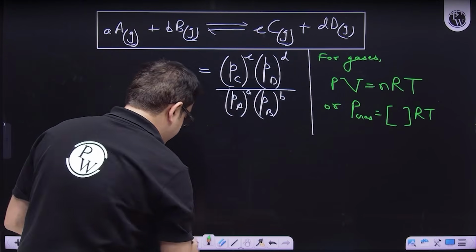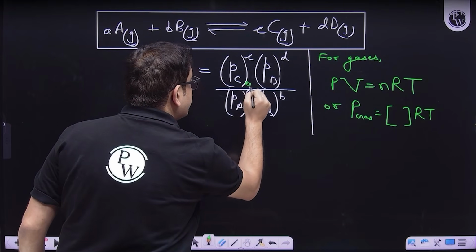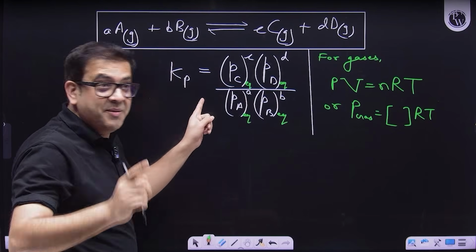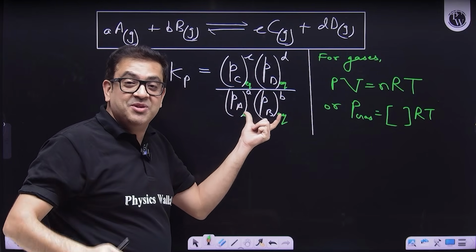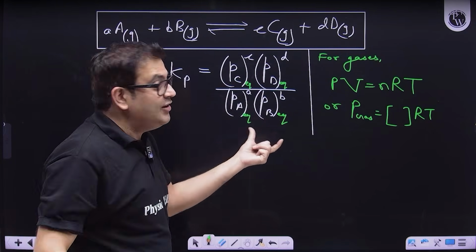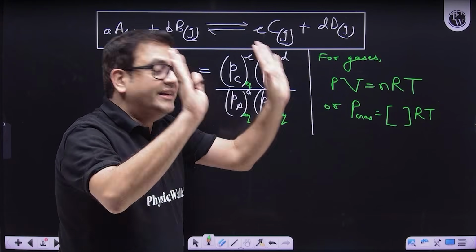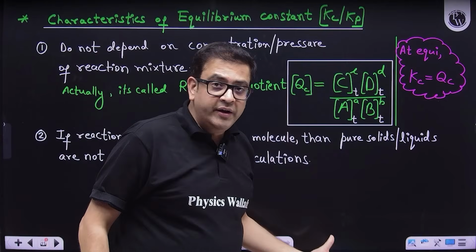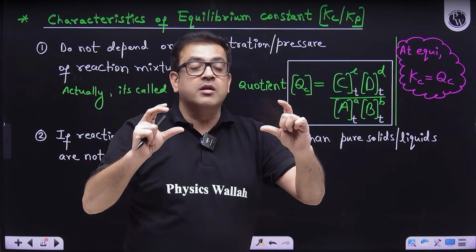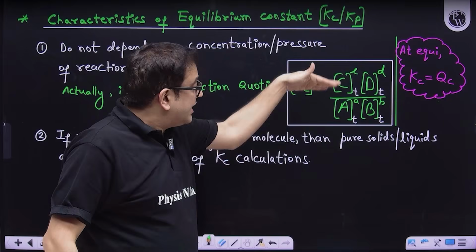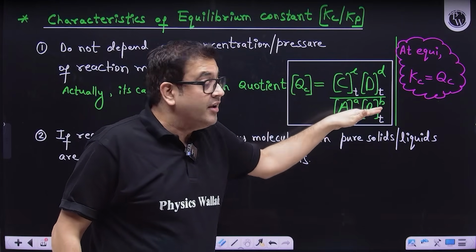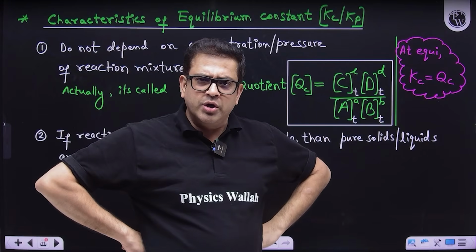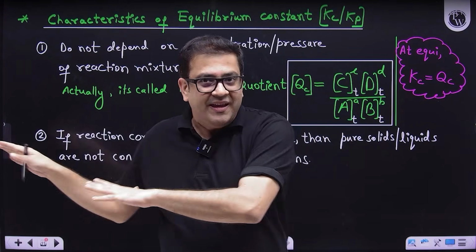So again, over here also, these partial pressures will be able to calculate the value of Kp, but of the reaction mixture, only their equilibrium value will be used, not at any time t. Sir, if we calculate at any time t, what will we get? The ratio, the value that you will get will be termed as reaction quotient. Sir, what is reaction quotient? We will definitely see in the later slides.